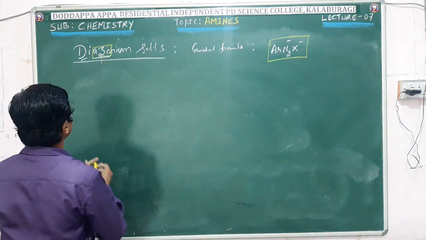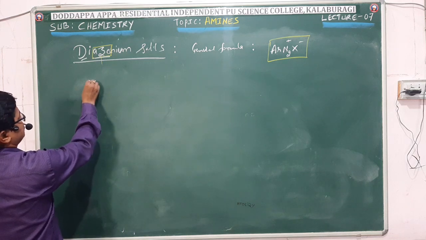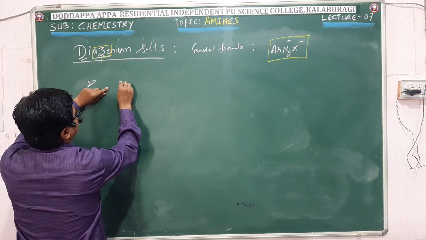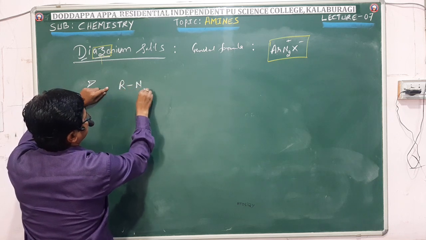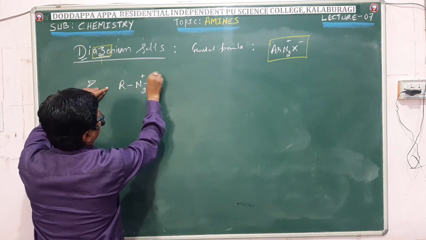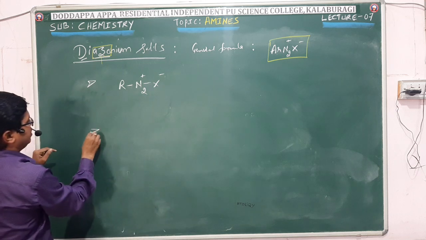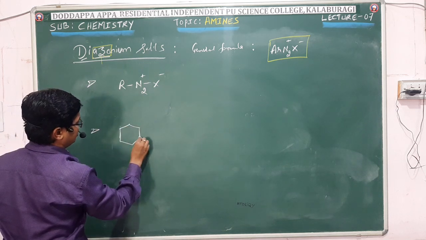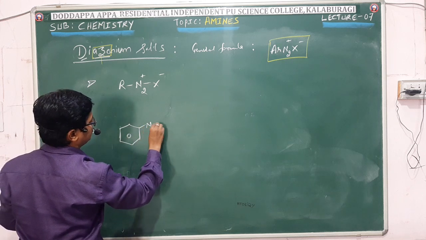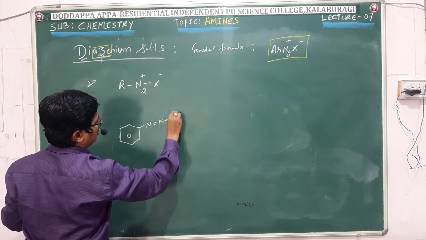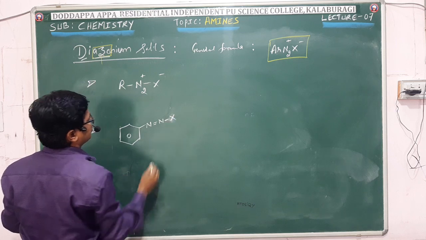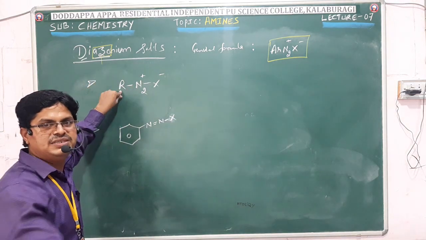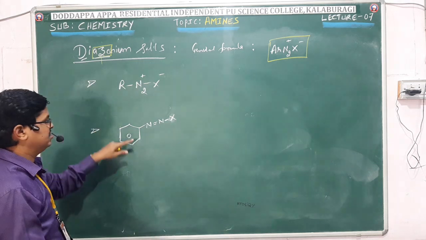That is, dear students, as we know, of course, an aliphatic diazonium salt and an aromatic diazonium salt. Both are same. Here R is replaced by either methyl group or ethyl group. Here it is by phenyl group.